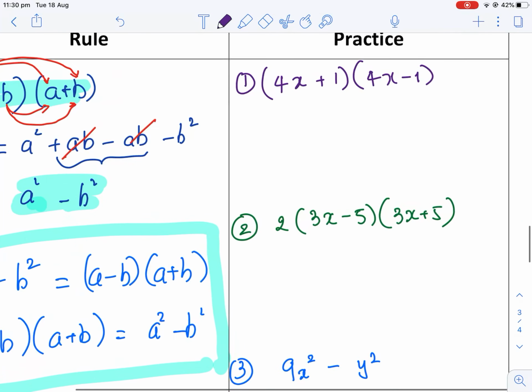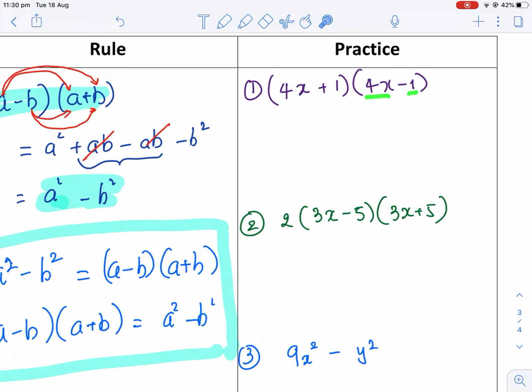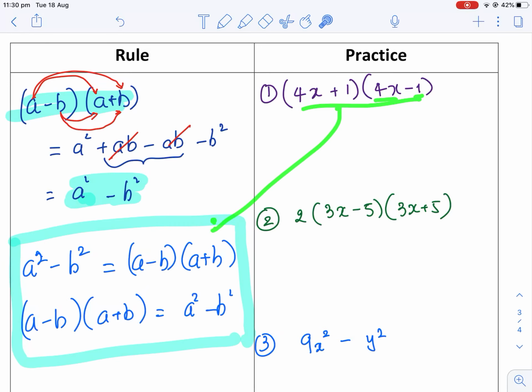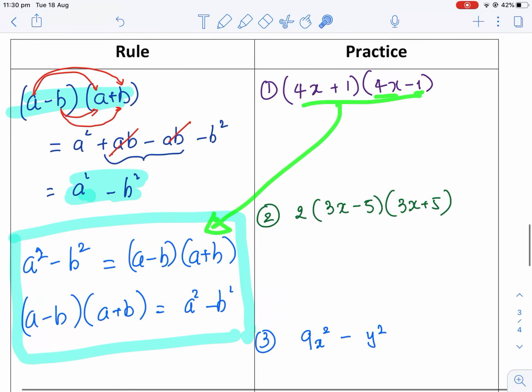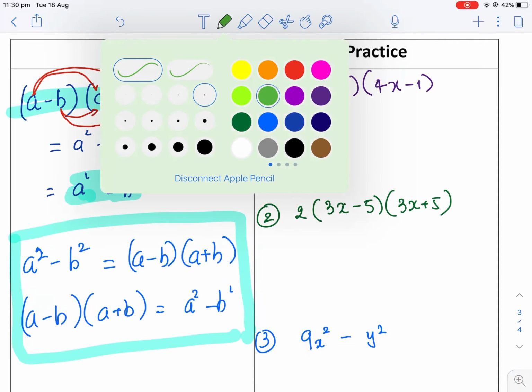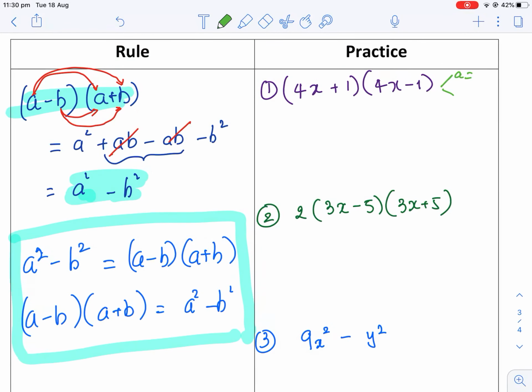Alright, so here I have 4x plus 1 times 4x take away 1. I realize that this one is exactly the same as this one. So in here, I identify A and B. When you get used to this, you don't have to write what is A, what is B. Just straight away give your answer.